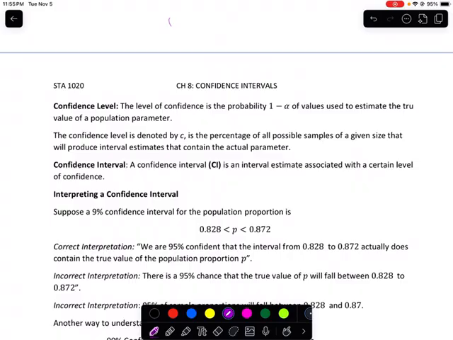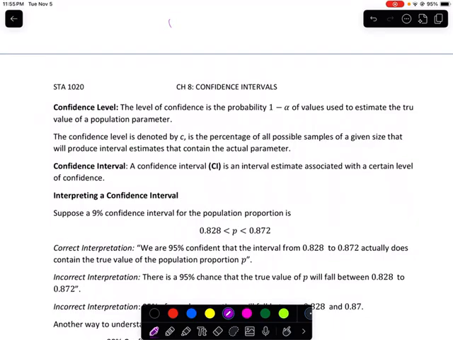So now what is a confidence interval? A confidence interval is an interval estimate associated with some level of confidence.